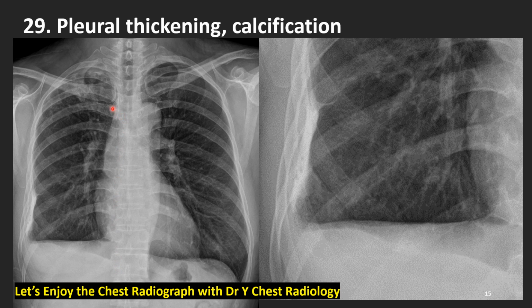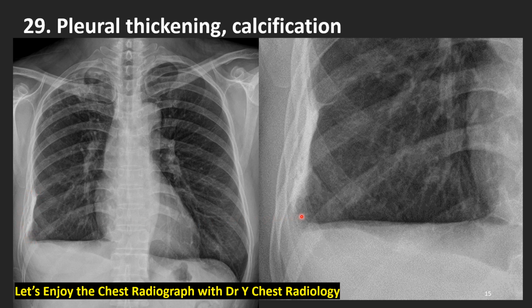Yes, right upper lobe shows inactive, stable tuberculosis findings. Right hilum is slightly deformed and elevated. Right diaphragm is elevated and flat, with deformed pleural thickening.